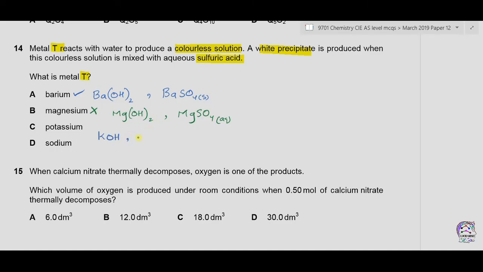Potassium hydroxide reacts with sulfuric acid to form potassium sulfate, which is soluble. So therefore option C is also incorrect. For sodium, we have sodium hydroxide in water and sodium sulfate in sulfuric acid. Again, sodium sulfate is soluble, so therefore D is also incorrect. The correct option is barium A.